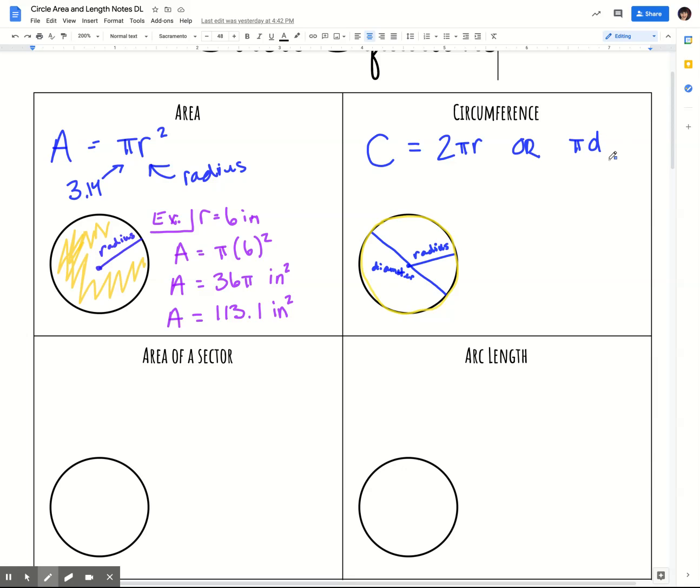And I'm hoping that it makes sense why we have both, right? Because a diameter has 2 radii. So we're replacing d, diameter, with 2r, 2 radii. Right, so remember, r still stands for radius, and d stands for diameter.